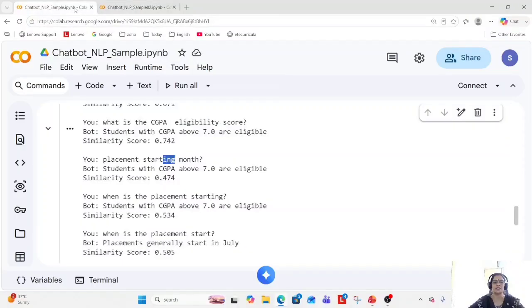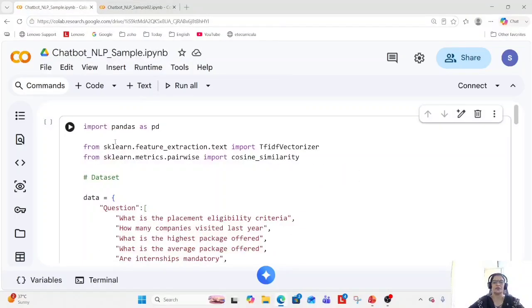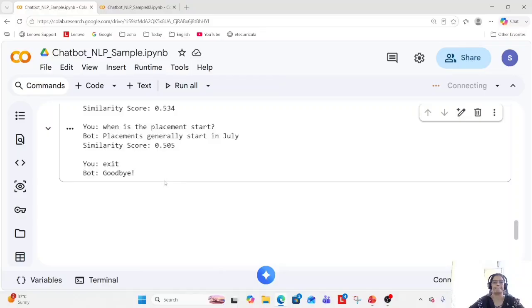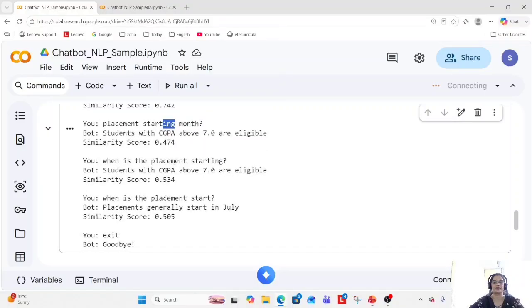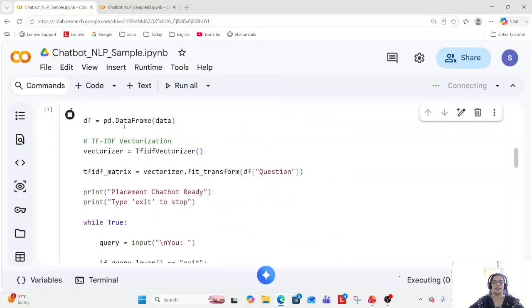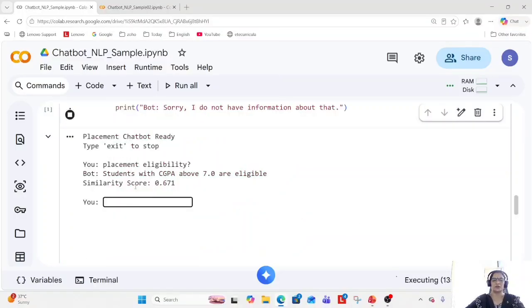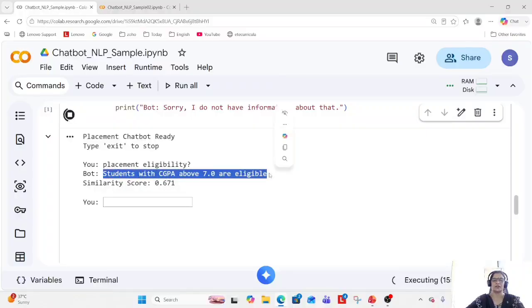Now for your understanding, I will run the same program. Watch the result. How do we give an input? Look at here. It will take time to run. So now I am asking the question, placement eligibility. So this is the relevant answer. Okay.